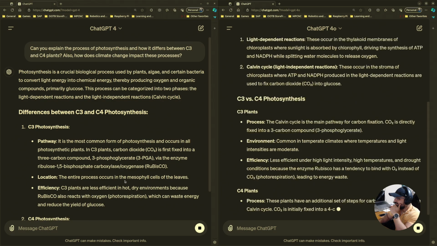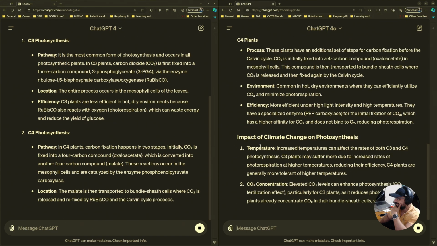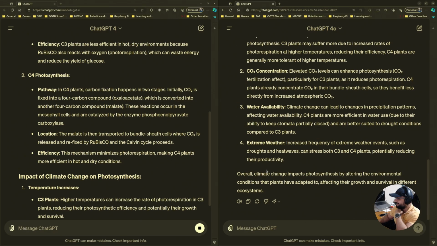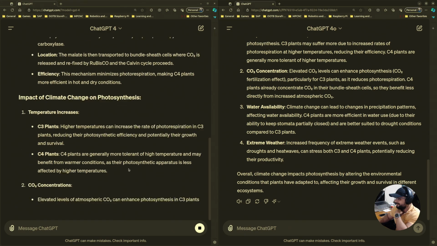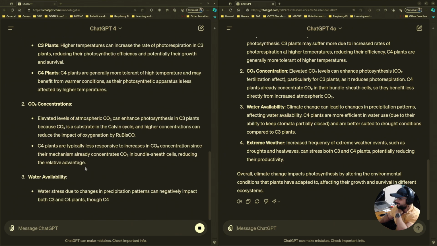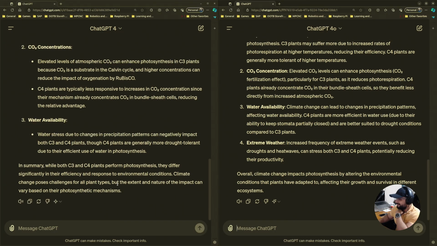All right, so we had ChatGPT-4 go first, and ChatGPT-4o had to catch up. So let's see. Oh, 4o is already done, and 4 is still writing the answer over here. Okay, let's see. Still going, and it's done now.